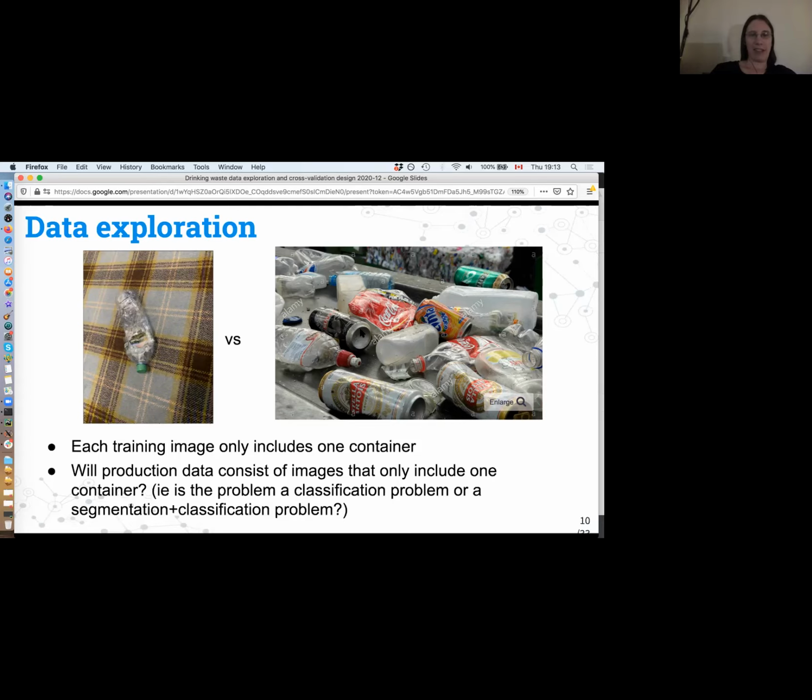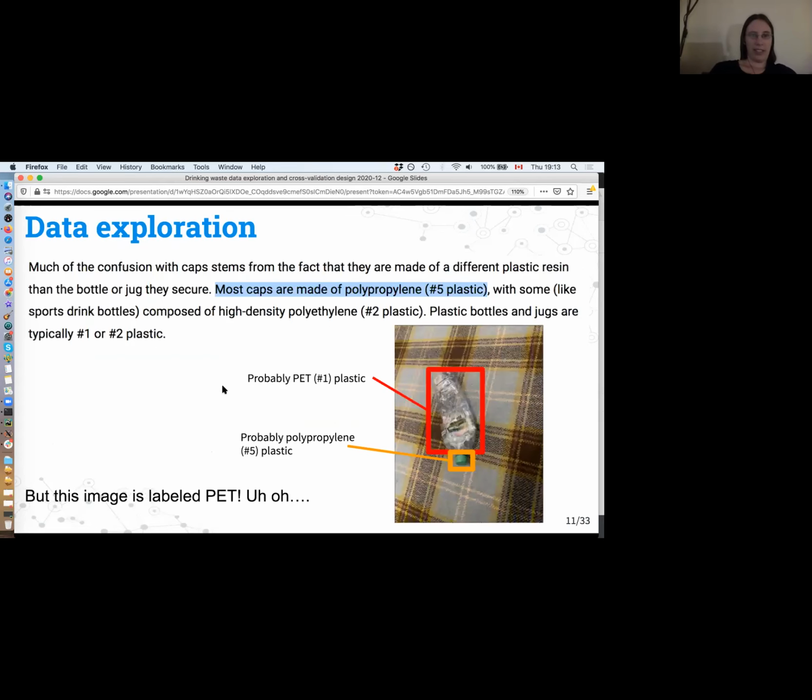So if you're going to create an artificial data set, you want to make something that's going to mimic the production environment as close as possible. And the other thing I did not like about this data set, if you have a plastic bottle, there's two types of plastic involved with this bottle.